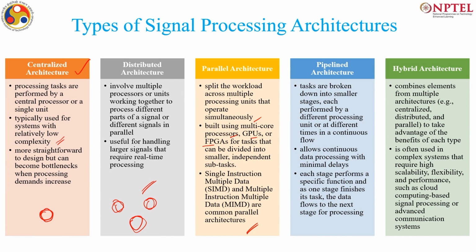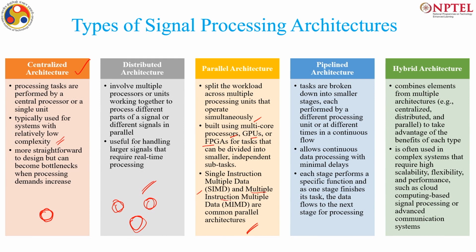So, you can divide a big task into smaller tasks which can be executed in parallel, and some examples are single instruction multiple data, SIMD, where one instruction like convolution can be applied to multiple data in parallel, or multiple instruction multiple data, MIMD.